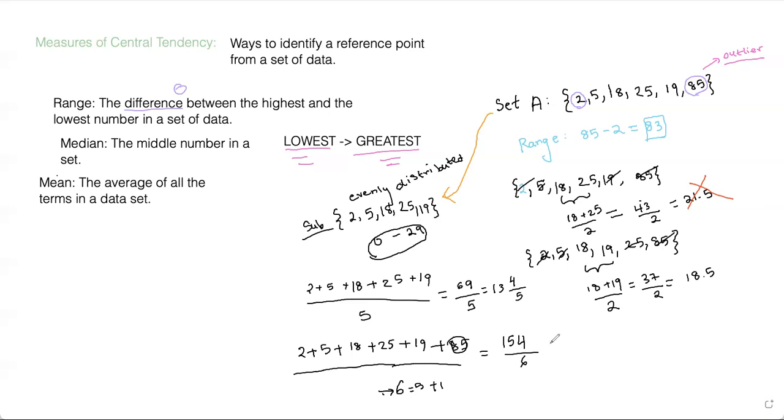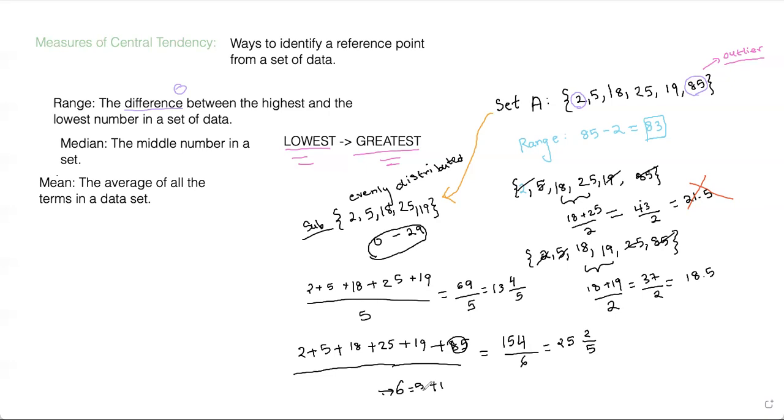I'm pretty sure it's not divisible because it's not divisible by 3, but if we were to simplify it, it would be 25 and 2/3.